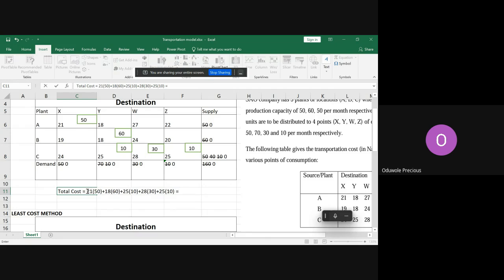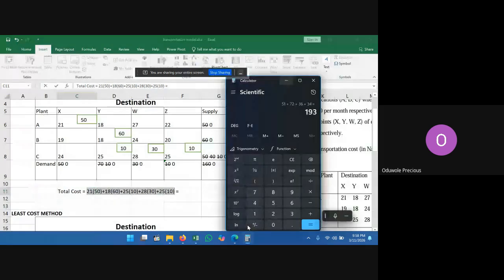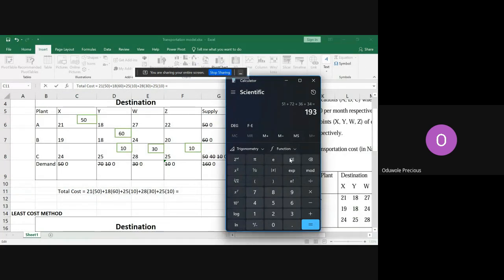Can I even put this thing on the system? Let me see. Don't think I can enter it on my calculator. But if it does, I'll be so happy. Invalid inputs. Wow.